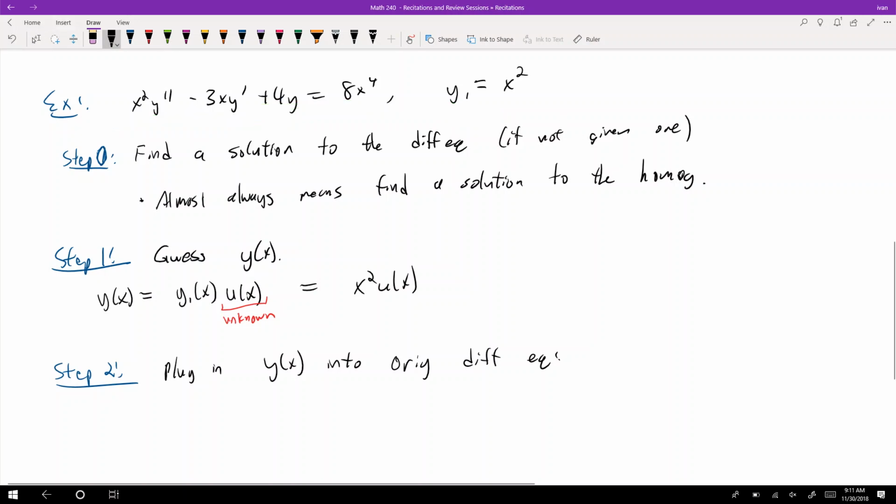So we have y of x, and now we need to take the derivative to get y prime of x. You have x squared u of x, two functions of x, which means we use the product rule. So y prime of x is going to be 2x u of x plus x squared u prime of x.